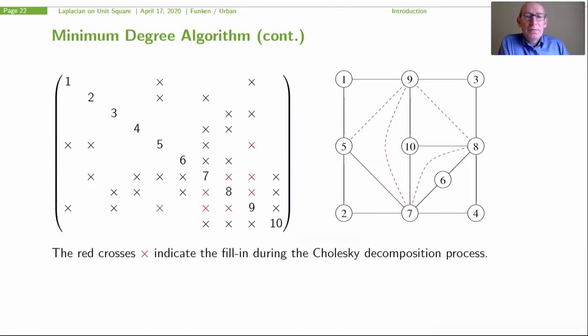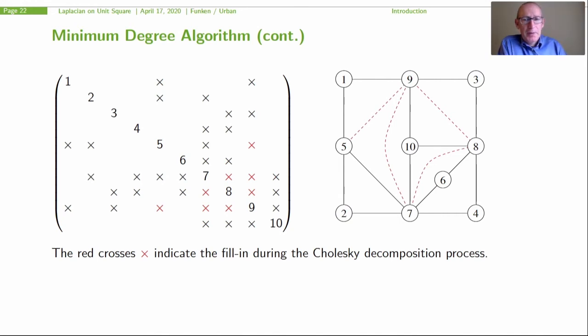So that's the situation. The black lines were the original connections of the nodes, and the red lines are the predicted fill-in in our Cholesky or in our Gauss elimination, if we have the Gauss elimination on this symmetric matrix.